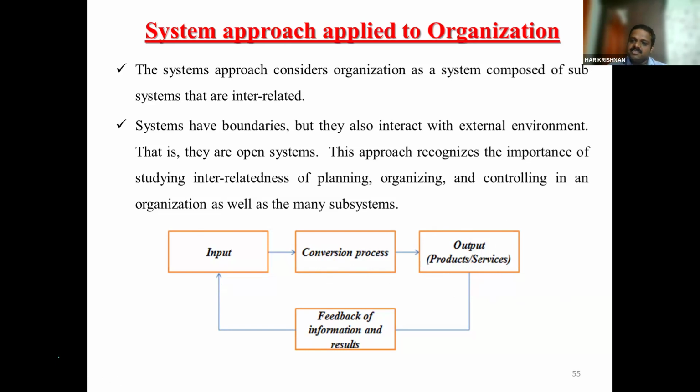If the result is not good, what does that mean? Whatever we tried to give them, they have not accepted. So there is an input, a conversion process, an output, and finally the feedback of this information or result.